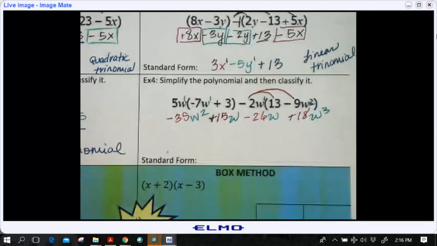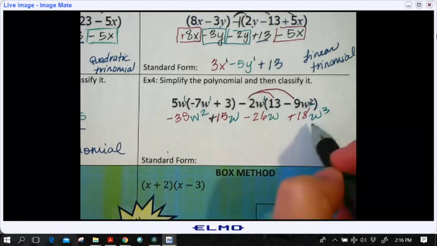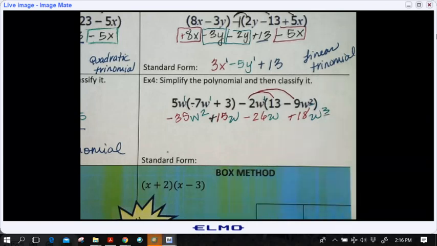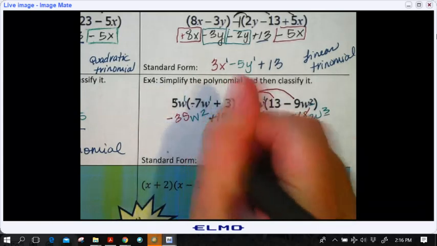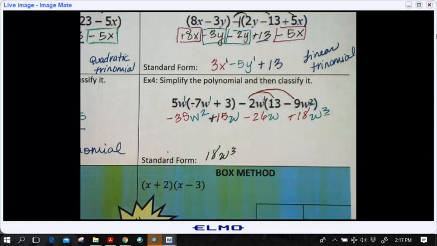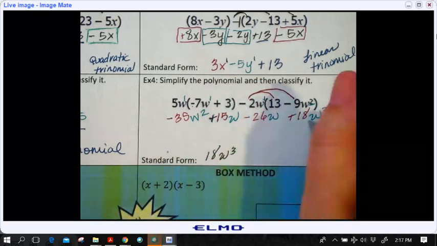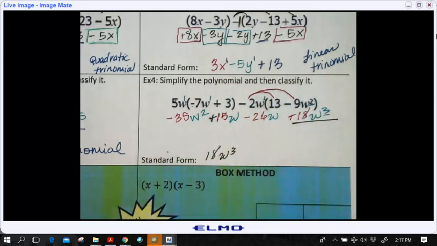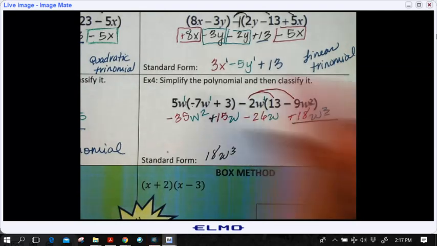All right, great job. Now my last step here is I need to write this in standard form. So I'm going to do my highest exponent first, which is a 3. So 18w cubed. All right. Now I am going to combine anything. Let's see.